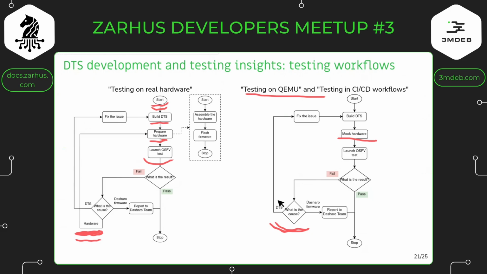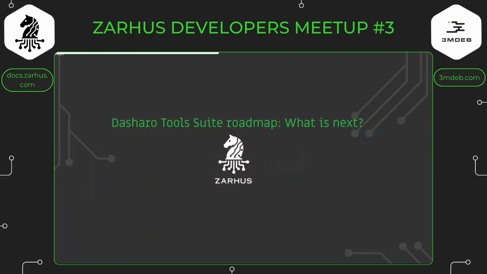For more about the testing and how all of the systems and subsystems were implemented, I'm again redirecting you to the blog post. And that's it about the development and testing insights.